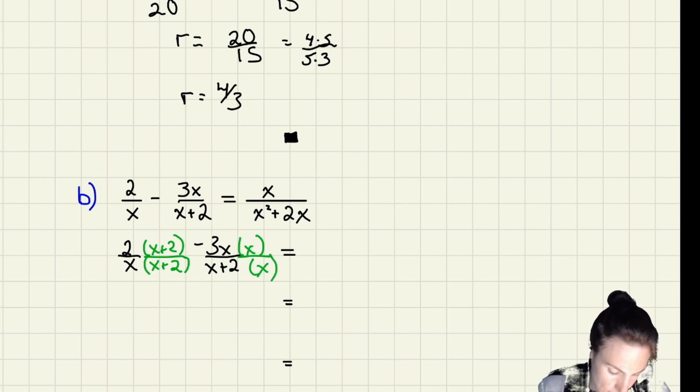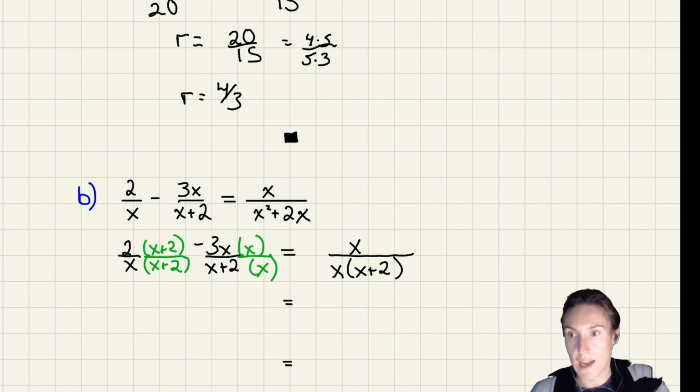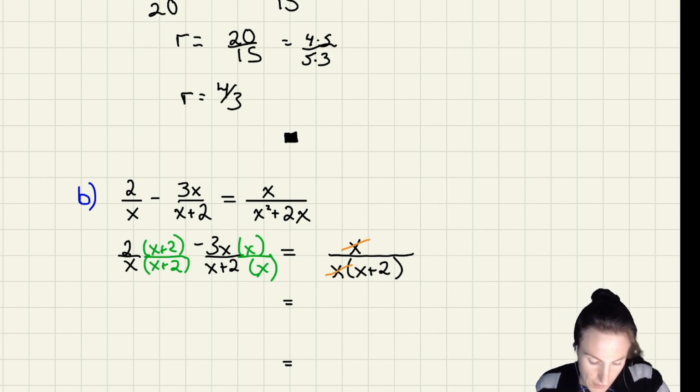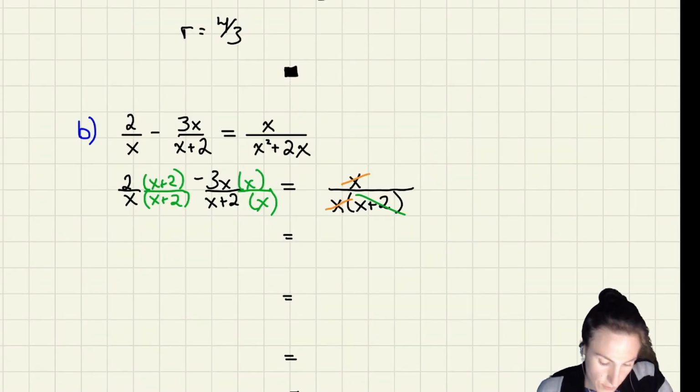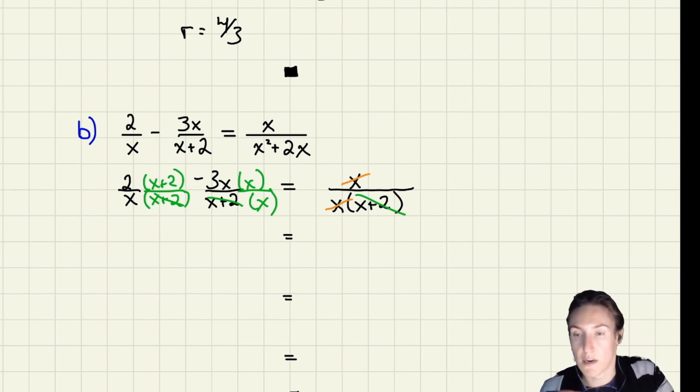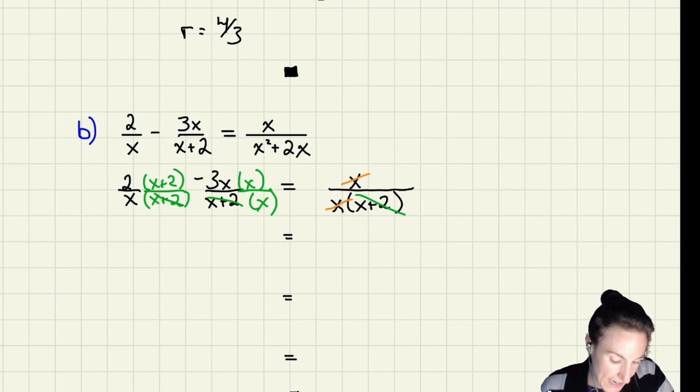But on the right-hand side, notice that I can factor out an x here, and then I have an x plus 2. Now, I can get rid of my x's here. And because for every single term, I have an x plus 2, you can basically get rid of a factor of x plus 2 in every denominator, because it's like multiplying through by x plus 2.